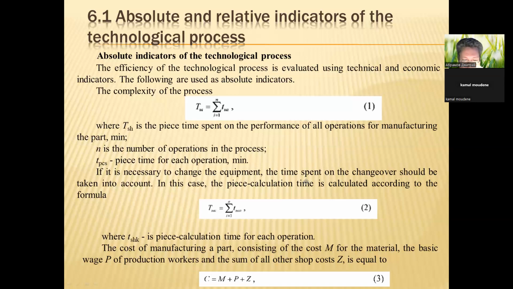The cost of manufacturing a part consists of the cost M of the material, the basic wage P of production workers, and the sum of all other shop costs, Z, and is equal to M plus P plus Z. It's formula number 3.